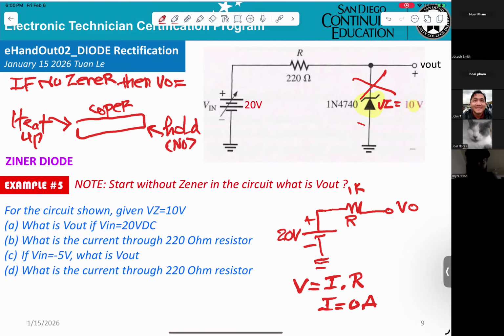The thing is copper has electrons. When you heat it up, electrons move. That's why you cannot hold it. However, this is just a wood. Then you can heat one side, you can still hold the other side. They're not conducting, no current flows. Okay?